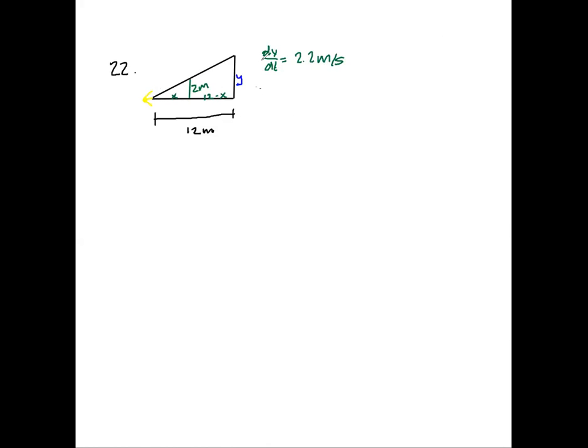So one thing that I kind of did before I started this problem is to just make sure that this problem kind of makes sense, because it says that what we want to find is how fast the height of the shadow on the building is decreasing when he's 4 meters from the building, which means that if he's further along, then the height is going to be shorter.